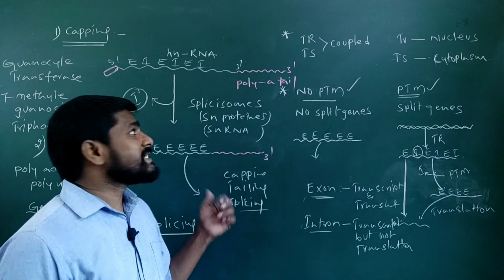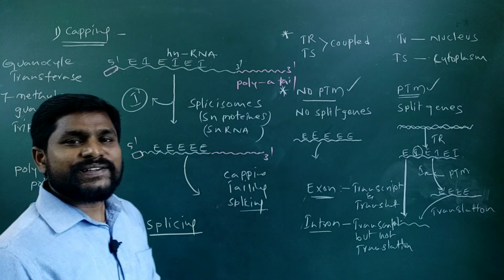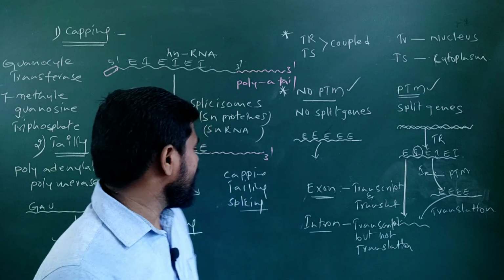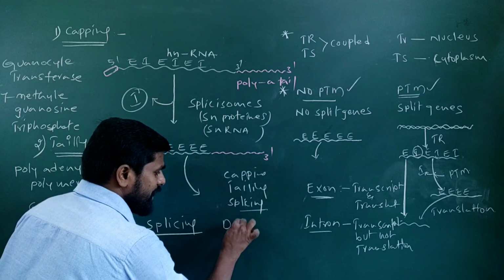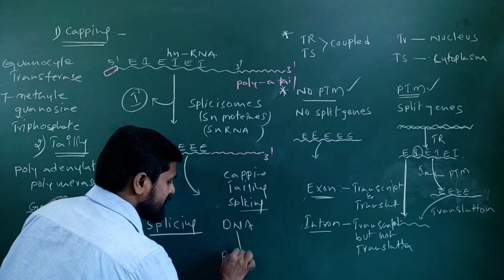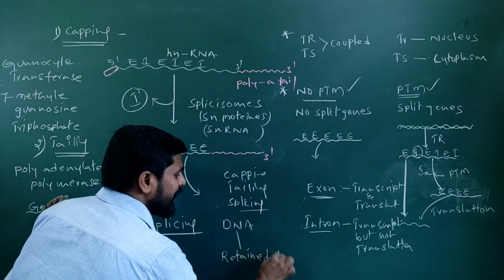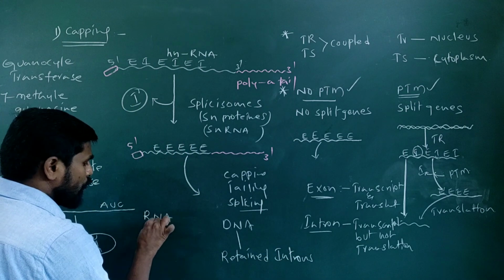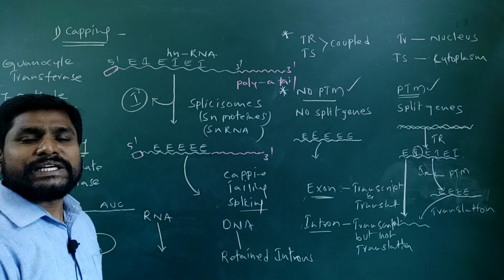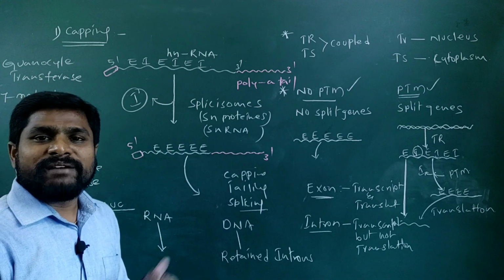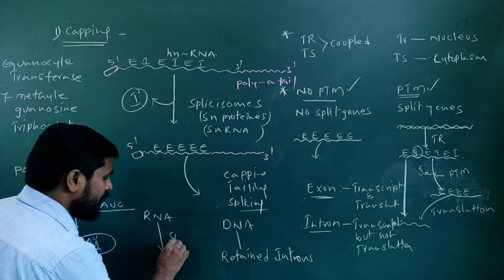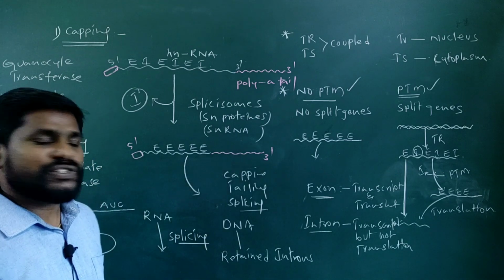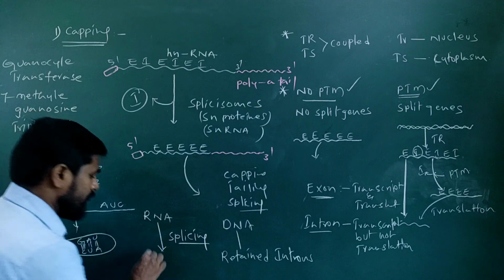Keep remembering this. This arrangement of split genes in eukaryotic DNA probably represents the ancient feature of the genome. Nothing but in the process of evolution, DNA retained these non-coding regions, introns, but RNA got the capacity to lose these introns in the process of evolution by developing a special mechanism called splicing.